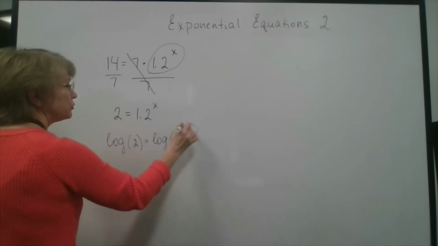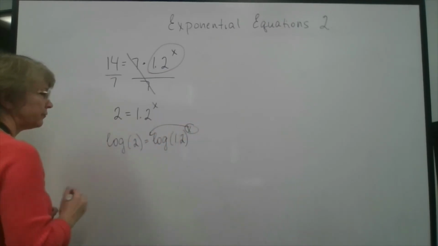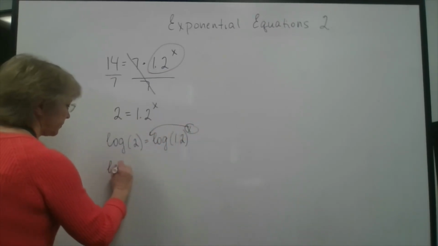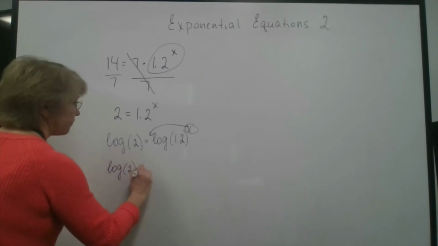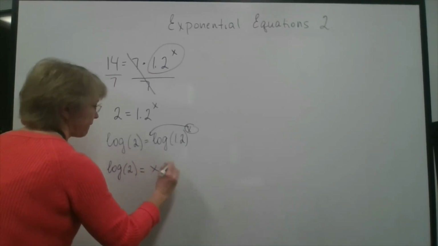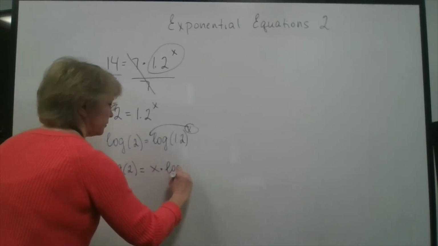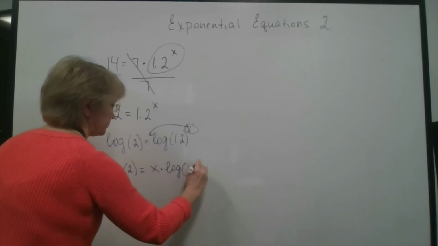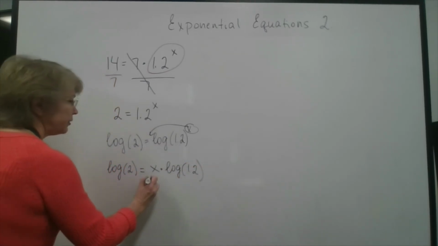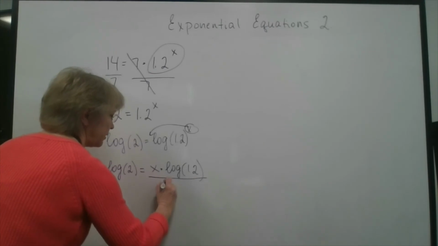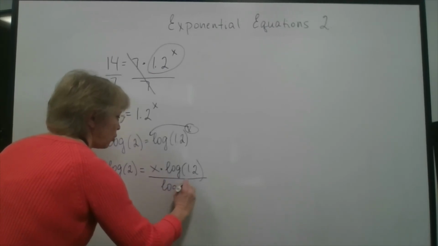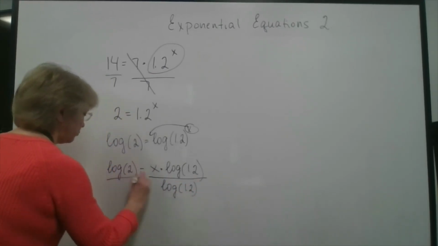We will move the exponent in front of the logarithm. We will divide by a logarithm of 1.2 on both sides.